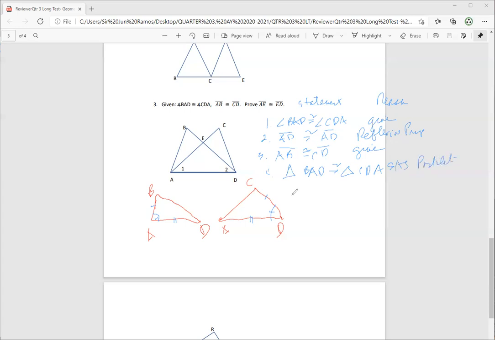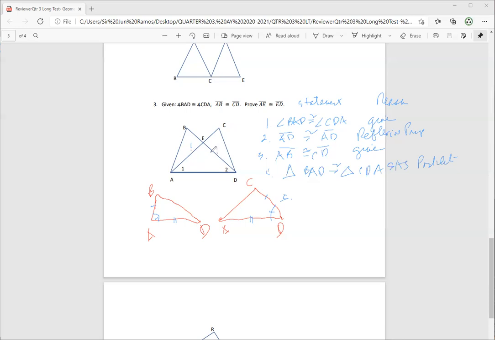Okay? Now, what do we intend to do here? We want to show here that AE, this one here, is congruent to segment ED here.